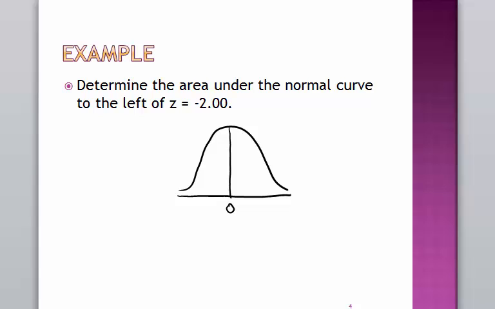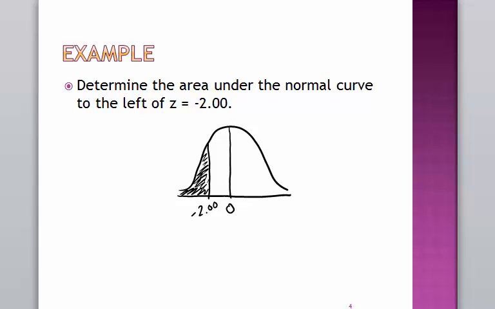Again, positive z-scores will fall to the right, negative z-scores will fall to the left. So we're going to mark off somewhere to the left, and it doesn't really matter where, negative 2.00. And we want the area to the left of that number. So we're talking about the area of this portion of the curve.